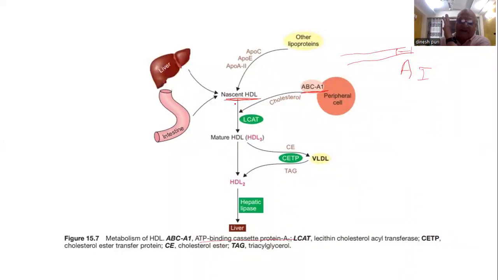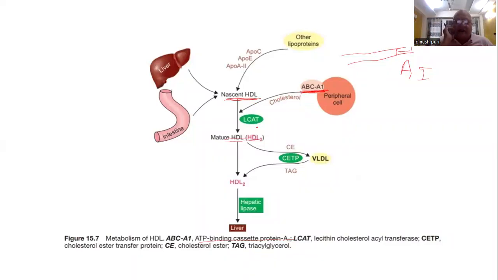So nascent HDL acquires other protein fractions from other lipoproteins and also acquires cholesterol with the help of ABCA1, and gets converted into mature HDL.